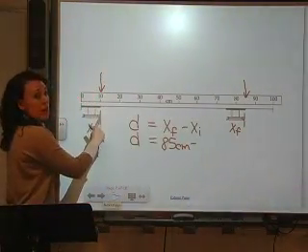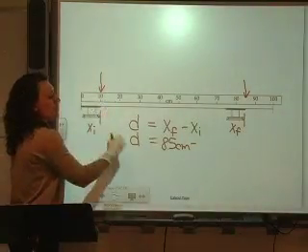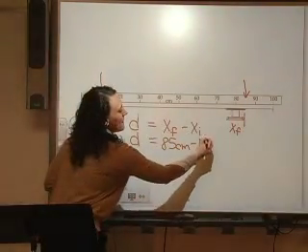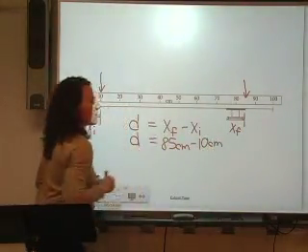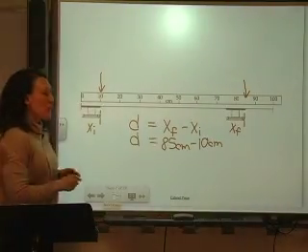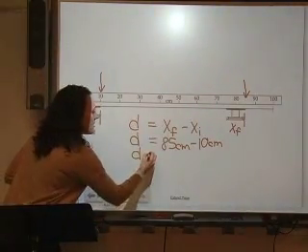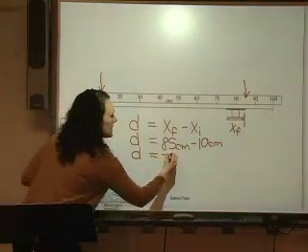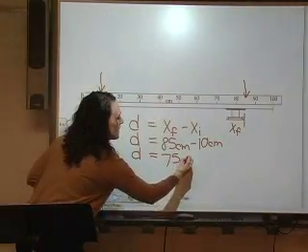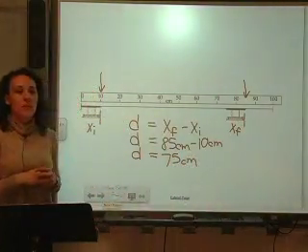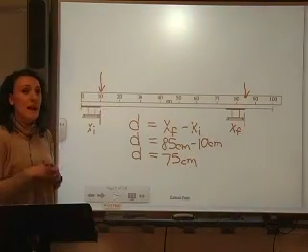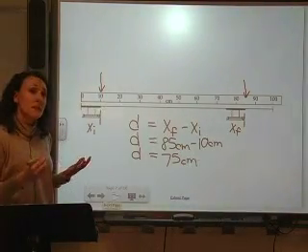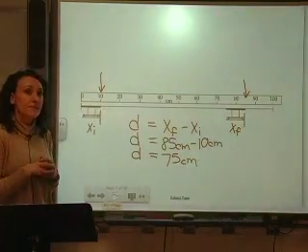Again, we use our reference point, the front of the air trolley, which is 10 centimeters. If we do that subtraction, the distance traveled by this air trolley is 75 centimeters. So that is how we can calculate the distance of an object.